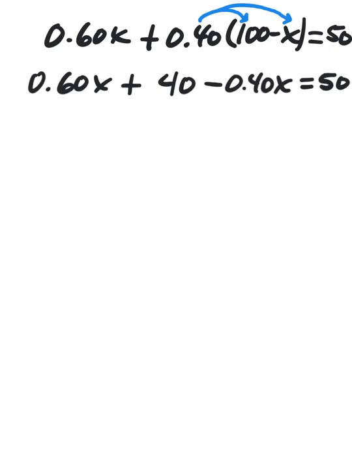Okay, now something that you have to be very clear with in this problem, we have two x terms, but they're on the same side. That term and that term are both on the left side of the equation. If that's the case, then you combine like terms. For this one, it's 0.60x minus 0.40x.